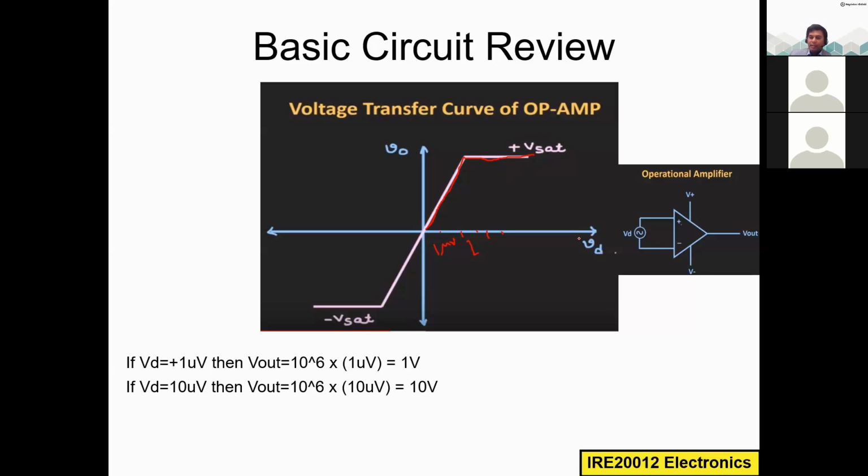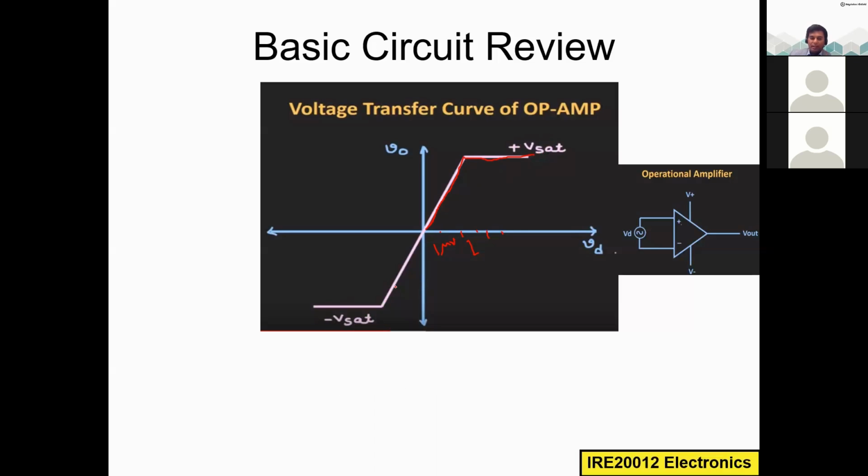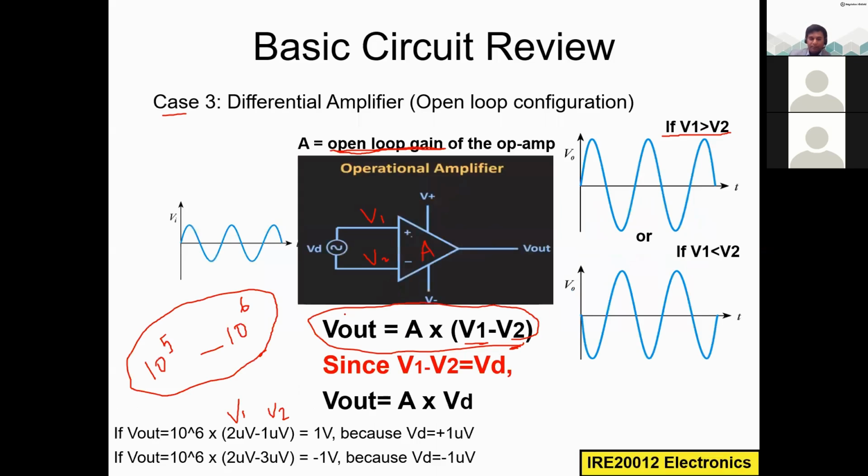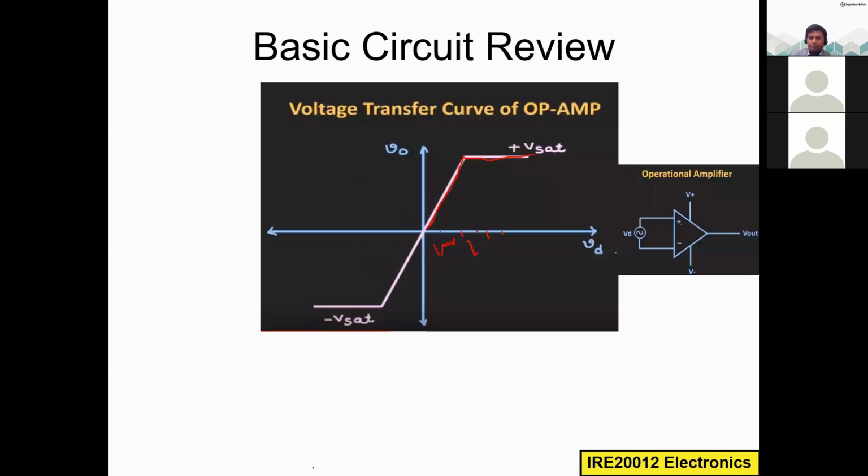Similarly, if you increase the differential input voltage in the negative direction, for example minus 1 volt, minus 2 volt, minus 3 volt, then after a certain level the output voltage, this is VO on the y-axis, will get saturated.